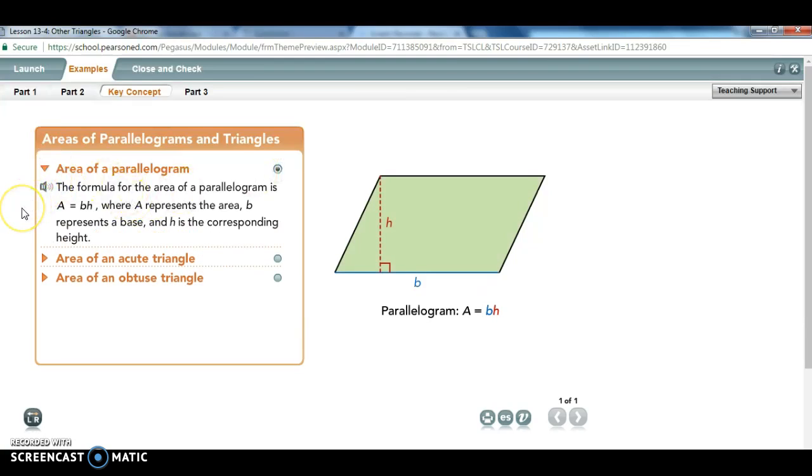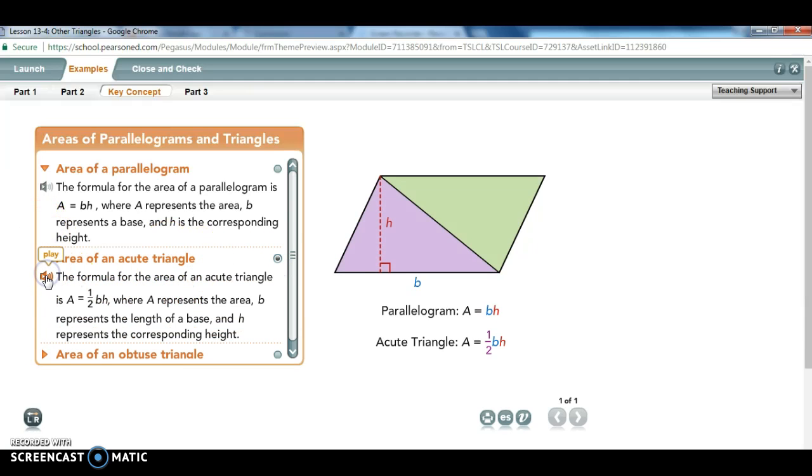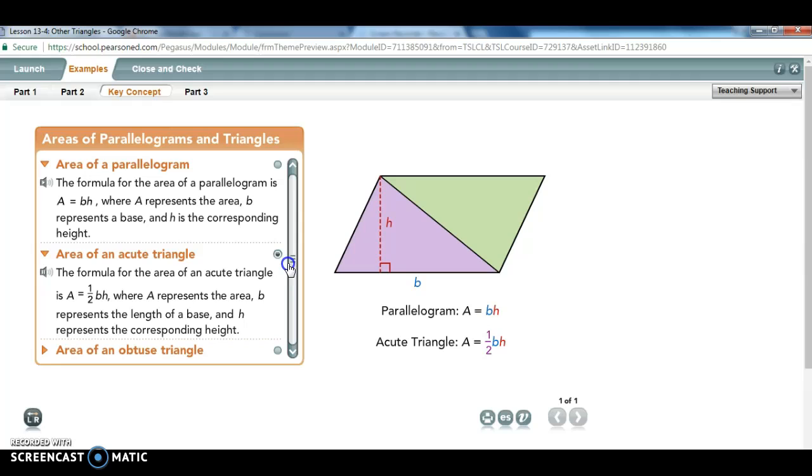The formula for the area of a parallelogram is A equals B times H, where A represents the area, B represents a base, and H is the corresponding height. The formula for the area of an acute triangle is A equals 1/2 B times H, where A represents the area, B represents the length of a base, and H represents the corresponding height.